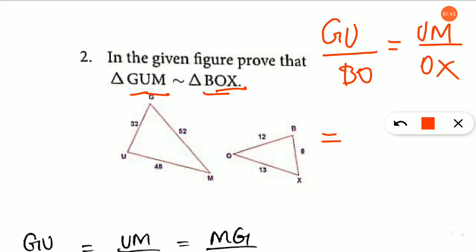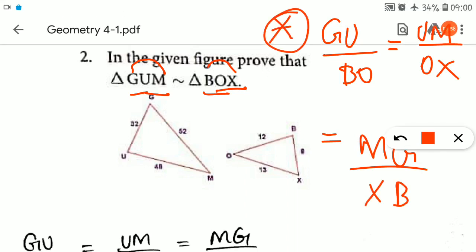Next the third corresponding side is M and G, and same way here X and B. So MG divided by XB. So this is the first equation that should be formed, and after that you are going to find the values for each corresponding side and substitute in it.